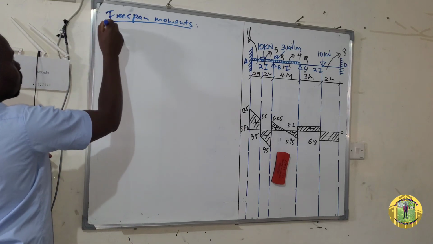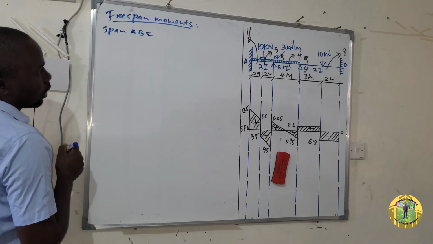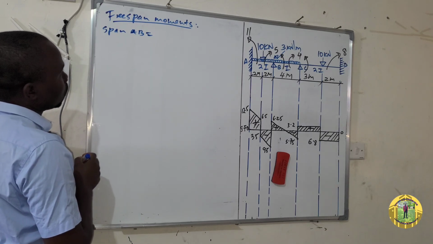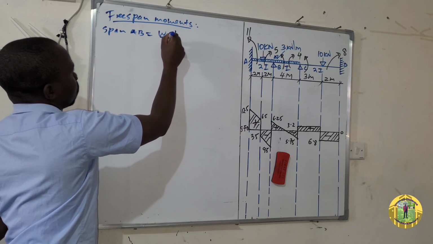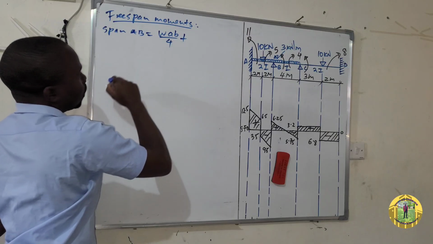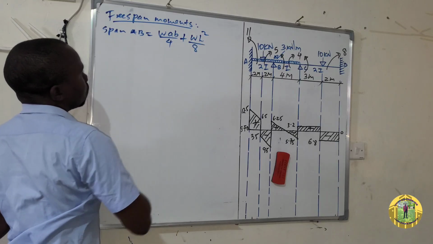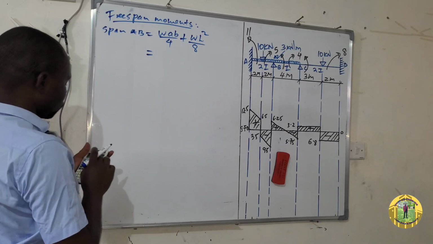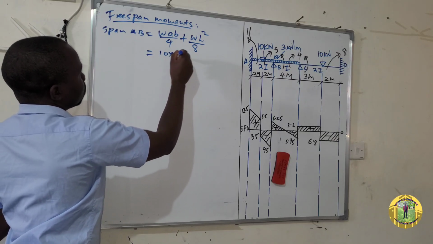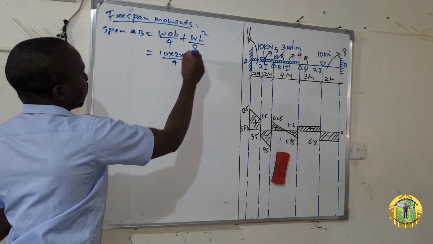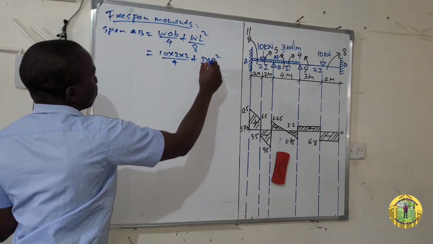So you begin by span AB. Span AB, as you can see, is a combination of UDL and a point load. So the formula for a point load is W a b over 4. Then for a UDL is plus W L square all over 8. So this is equal to 10 times 2 times 2 all over 4 plus 3 times 4 square all over 8.